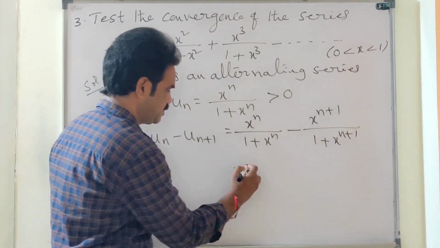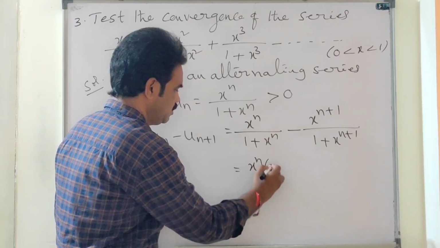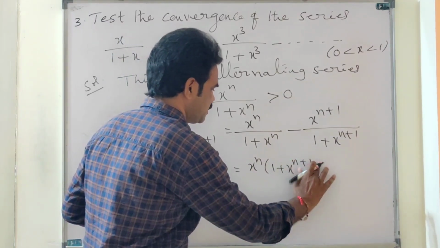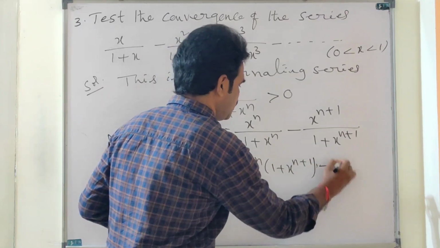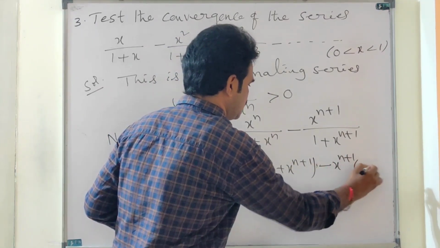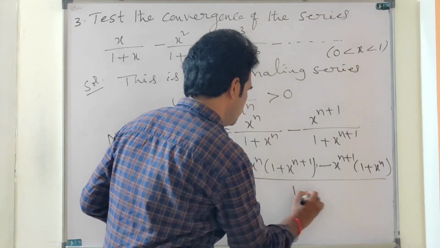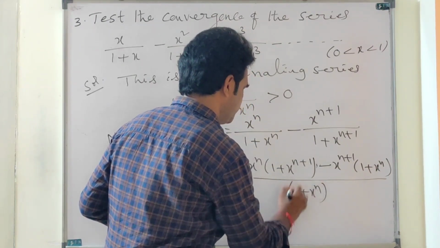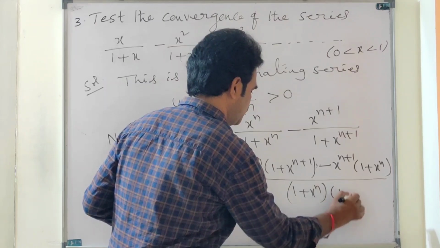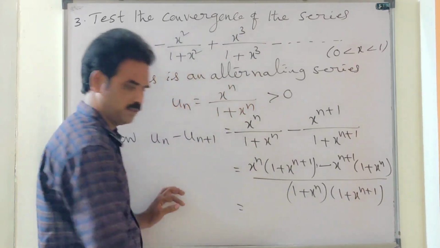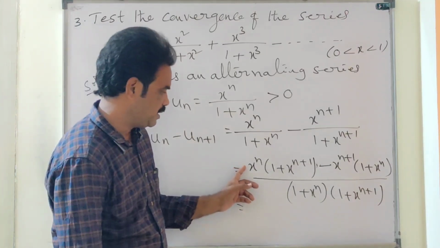We're taking LCM, this becomes x power n into 1 plus x power n plus 1 minus x power n plus 1 into 1 plus x power n, all by 1 plus x power n into 1 plus x power n plus 1.